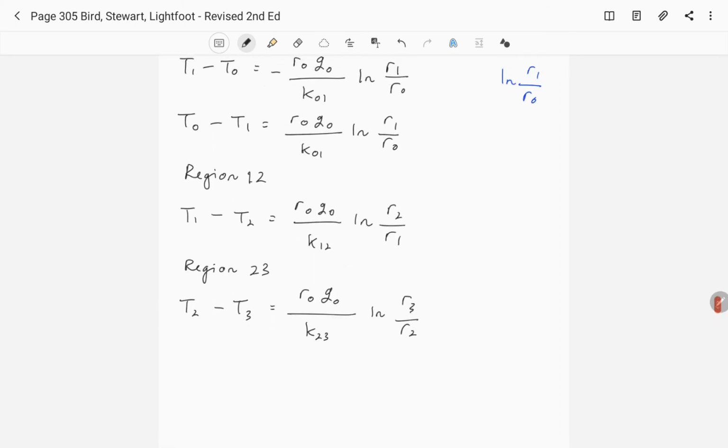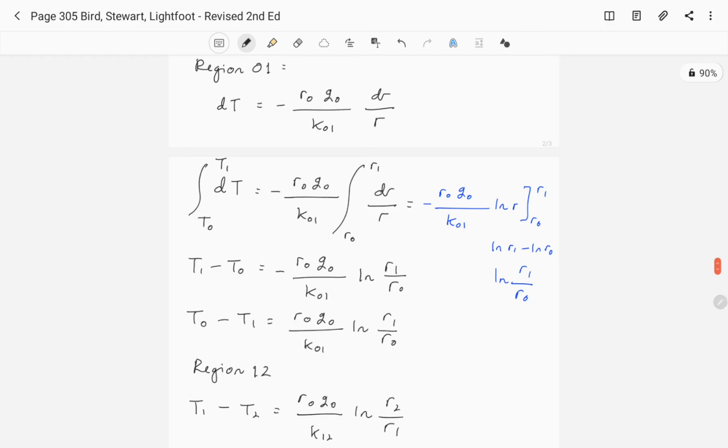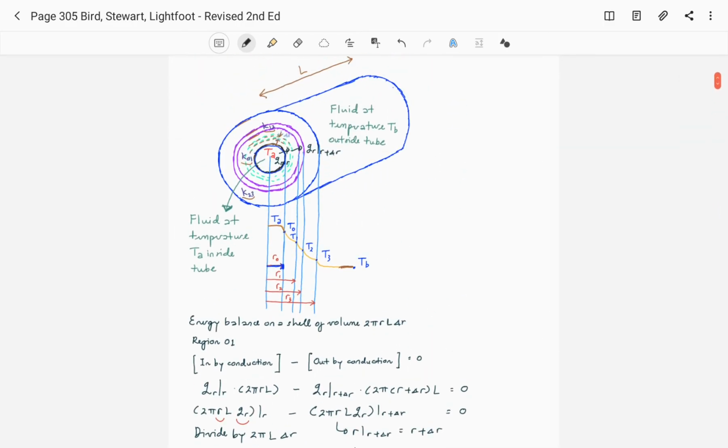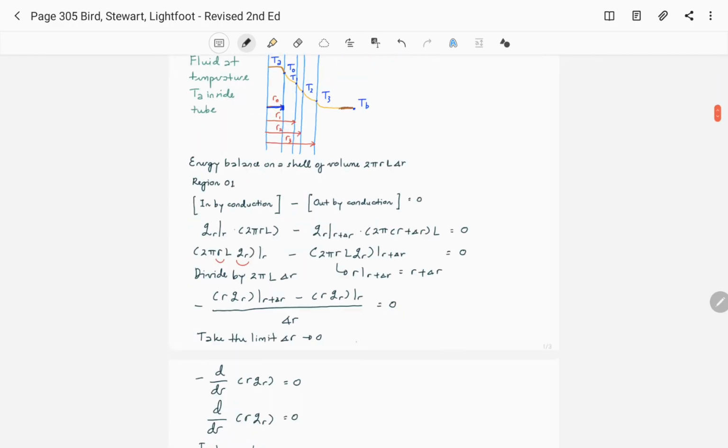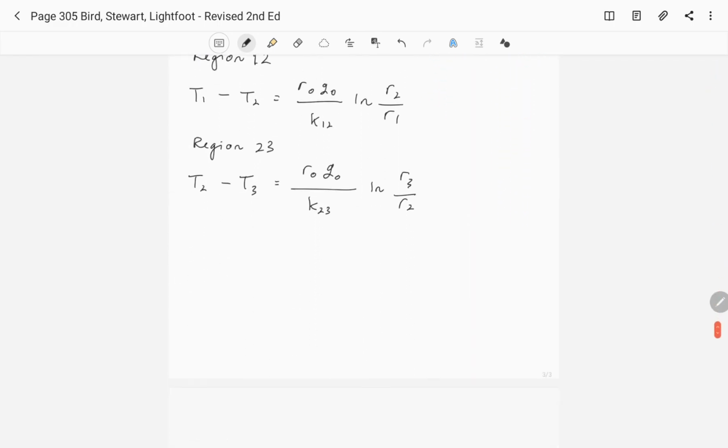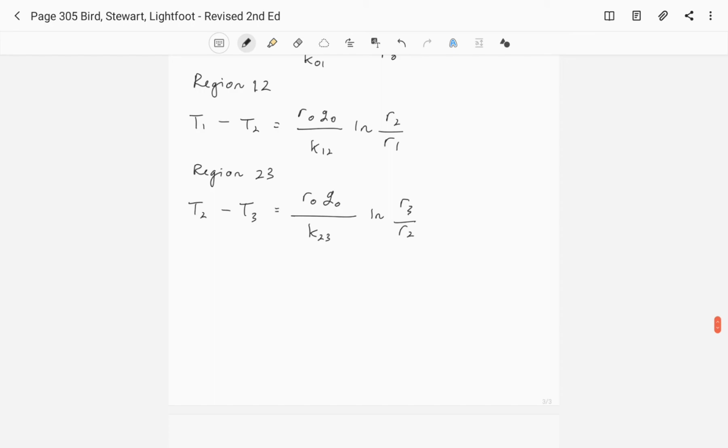Okay, and then the heat transfer on the innermost and outermost surfaces, that is, from the fluid into the surface of the inner cylinder, and from the outer surface to the fluid outside of the outermost tube, will be given by Newton's law of cooling.